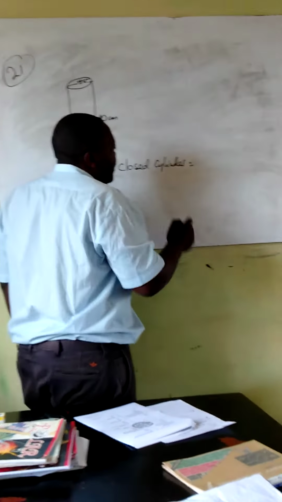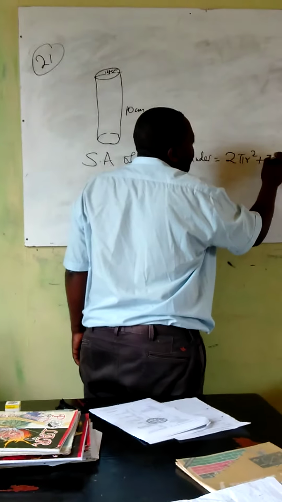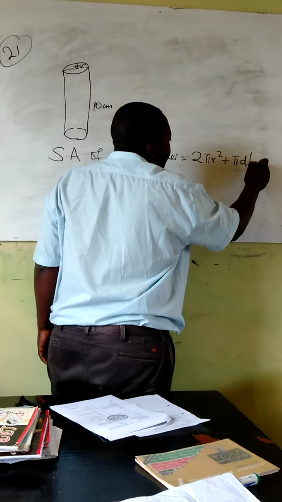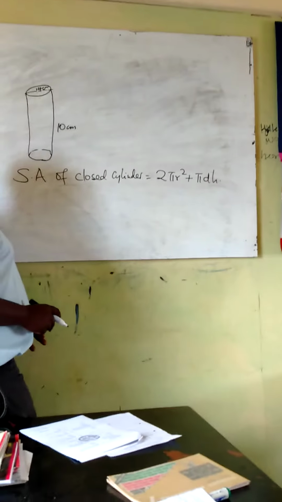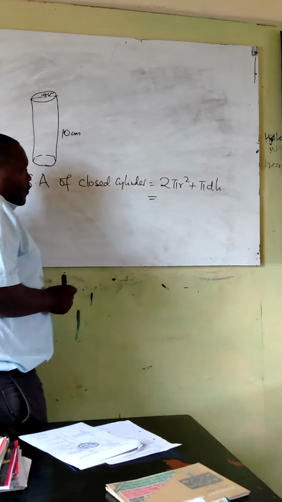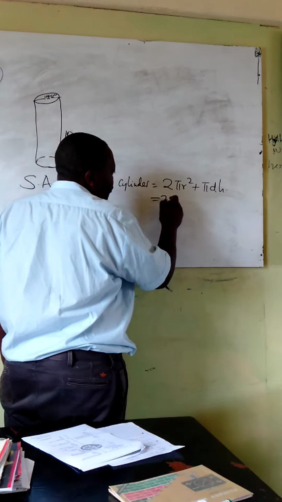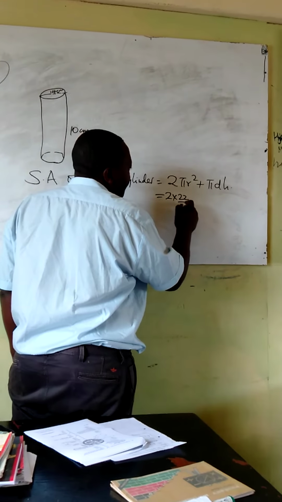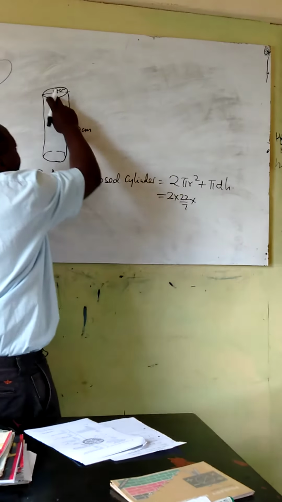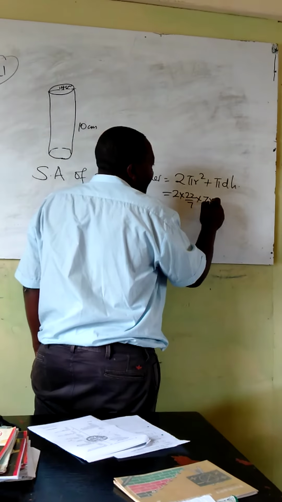So that will be 2 pi r squared plus pi dh. I know you know the formula. So we just insert the figures now. This will be 2 times 22 over 7 times, what is our r? This is our d, so our r is 7.